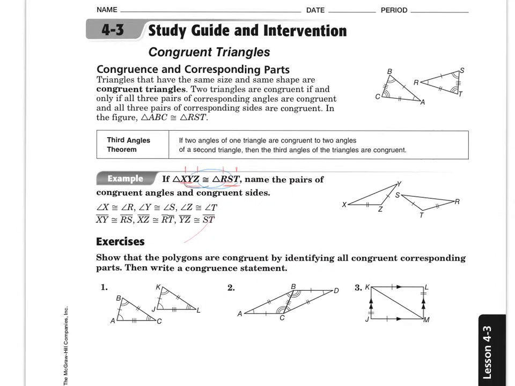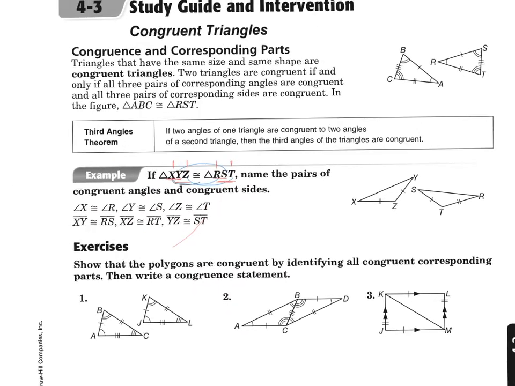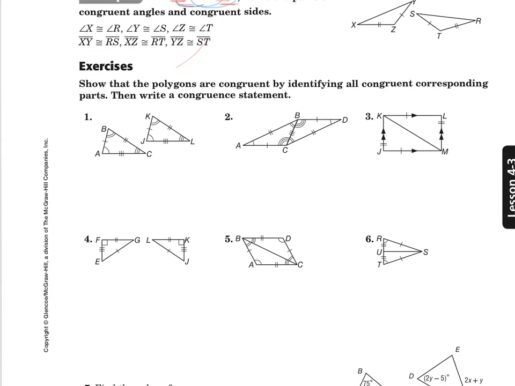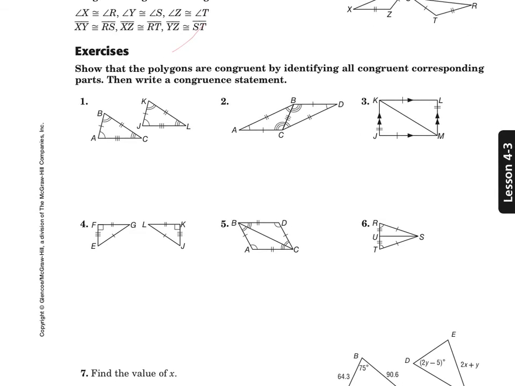So we're going to straighten up the page again. Okay, and then for our assignment for the first side of 4.3, you're going to do 1 through 6, where it says, show that the polygons are congruent by identifying all congruent corresponding parts, then write a congruence statement.